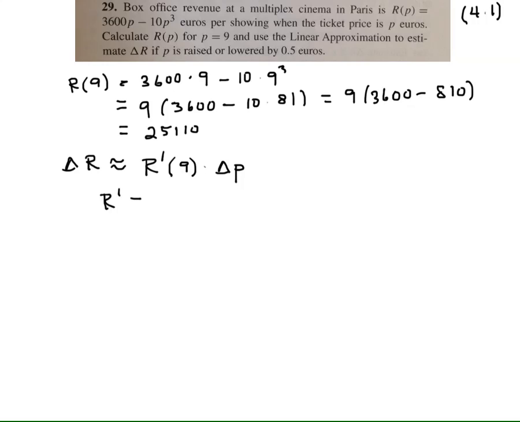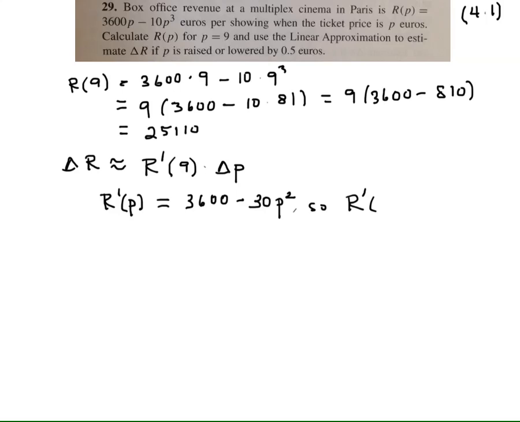So R prime of p, right, so we need to know this derivative. It's 3,600 minus 30p squared.